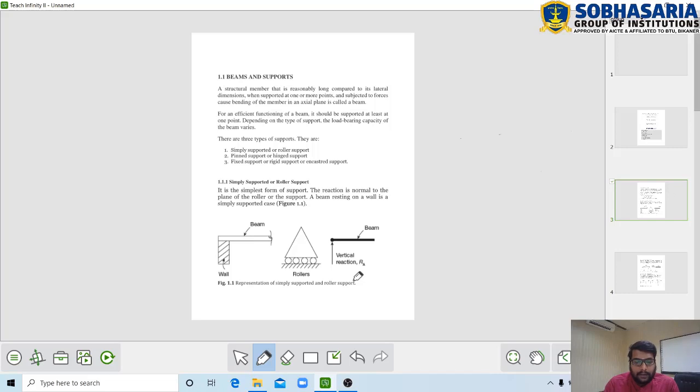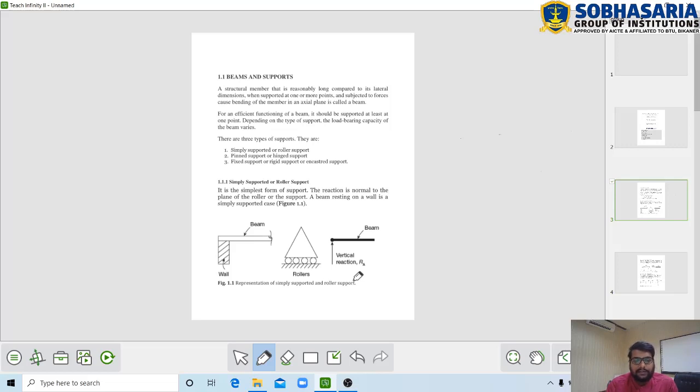We can say there are mainly three types of supports which we use. The first is the simply supported or roller support. The second is pinned support or hinged support. The third support is a fixed support or rigid support.